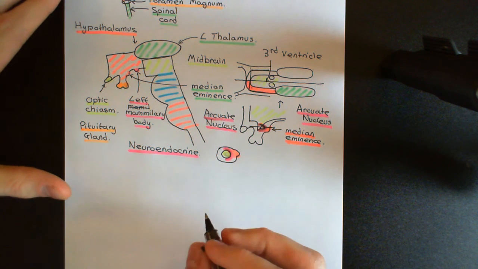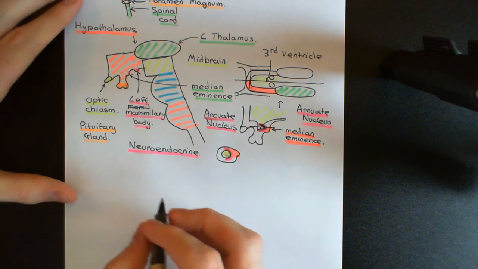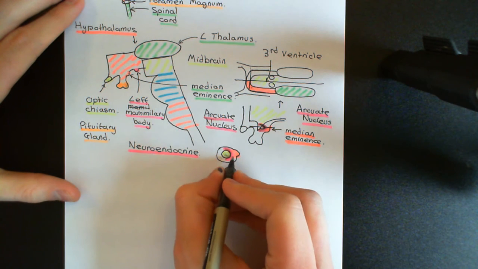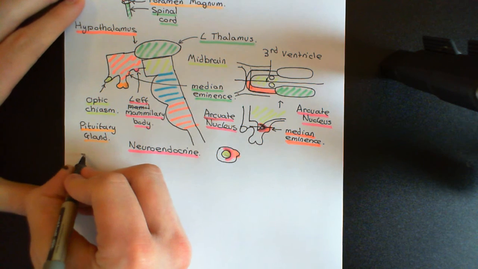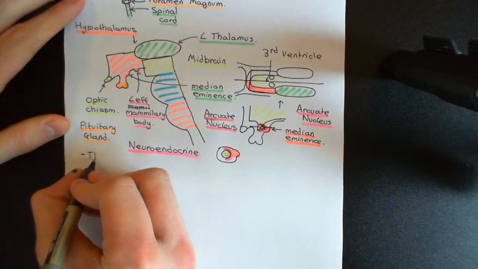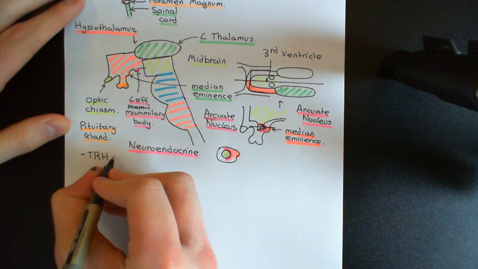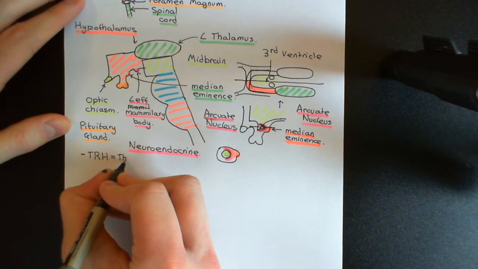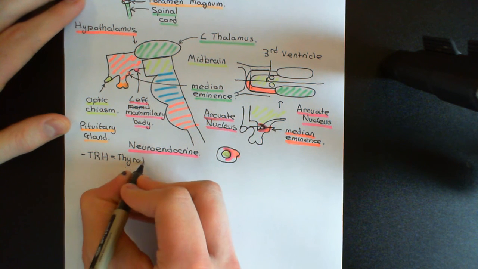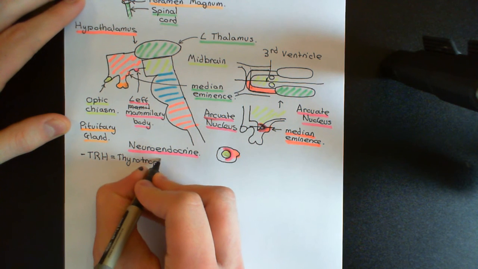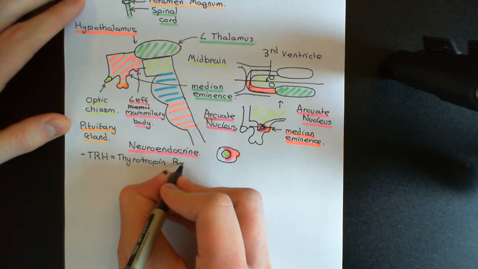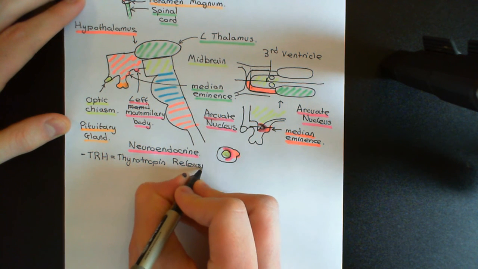Okay, so let's actually talk about what they're going to release. The neurons in these areas are going to release a molecule known as TRH, which stands for thyrotropin releasing hormone. So the T is for thyrotropin, and the RH is for releasing hormone.